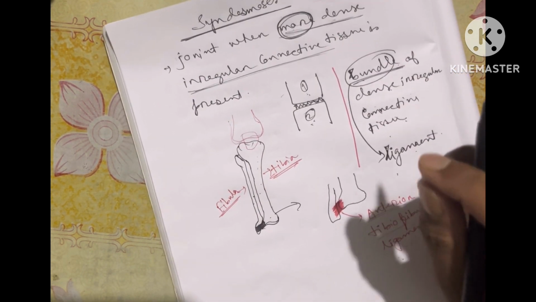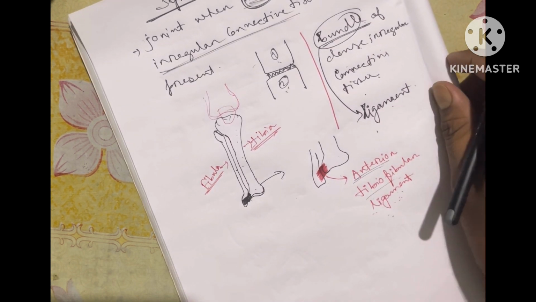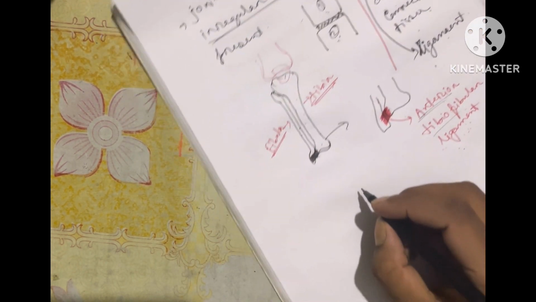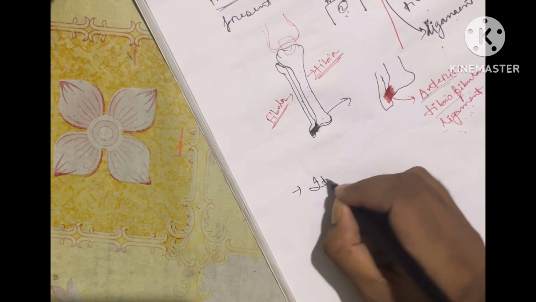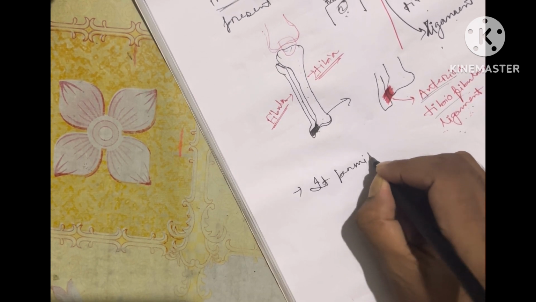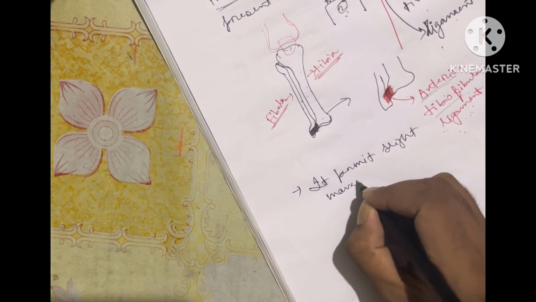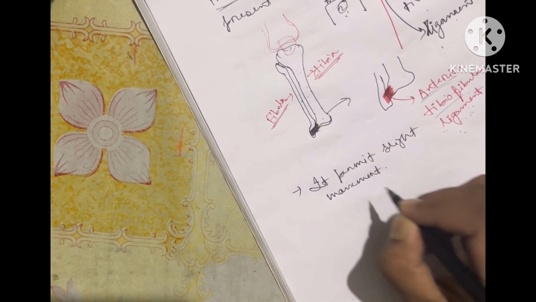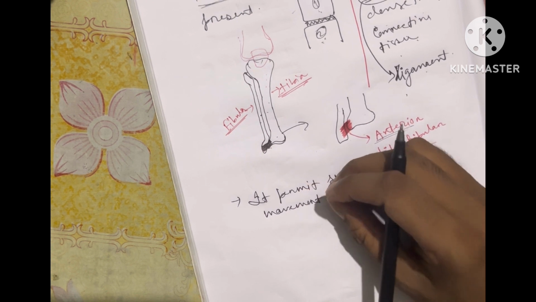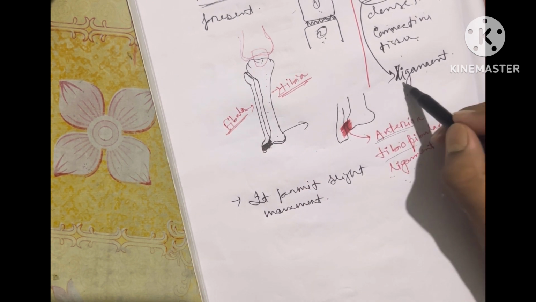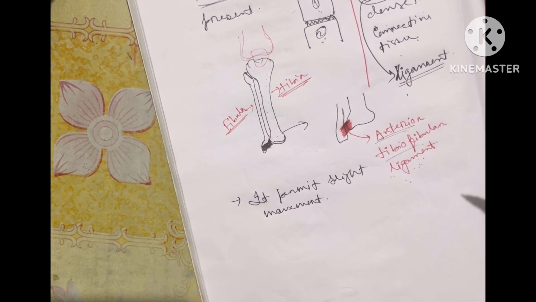It is a slightly movable joint. It permits slight movement in the case of the tibio-fibular ligament.